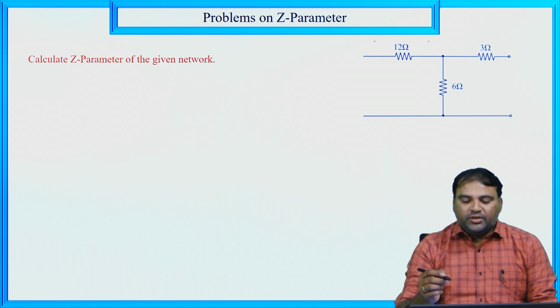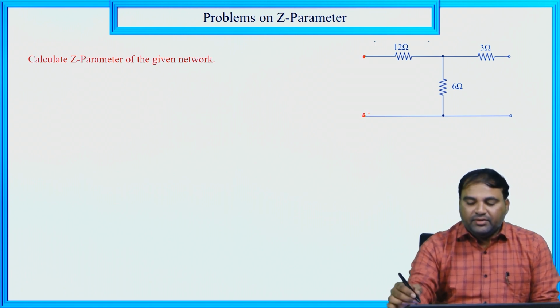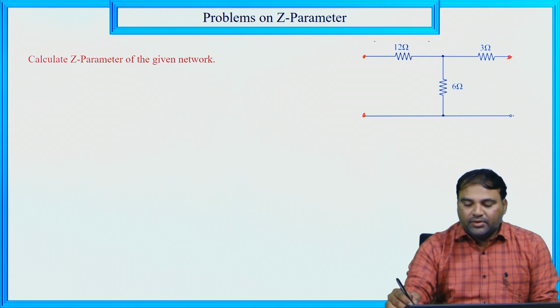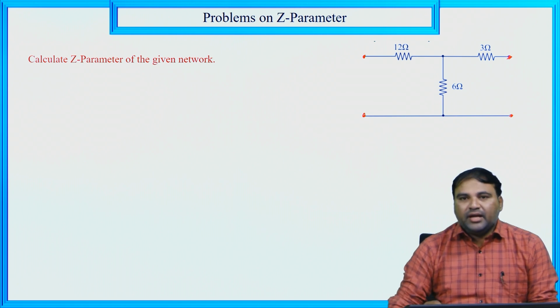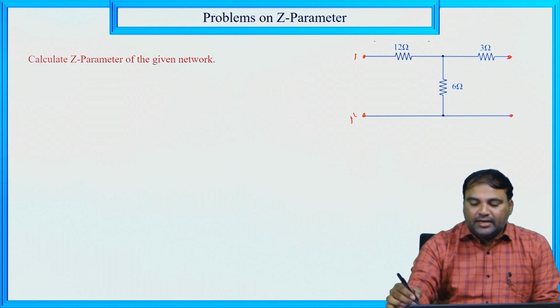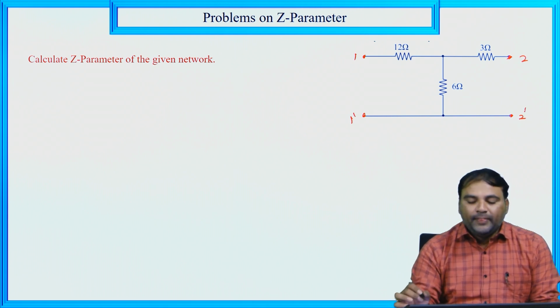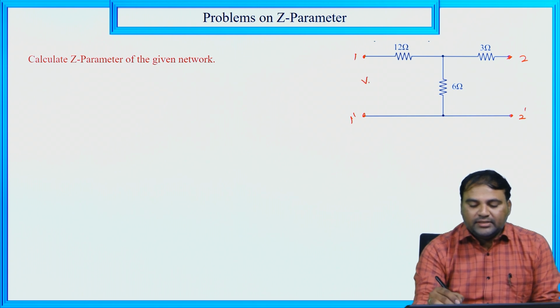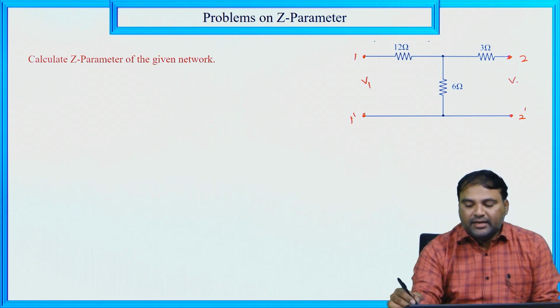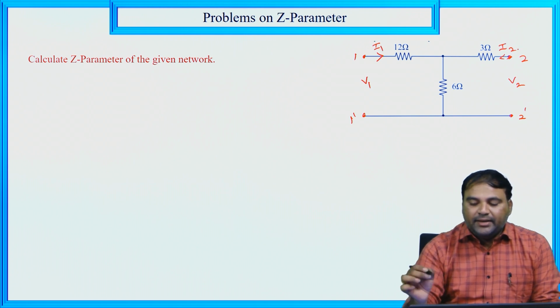Before that, here we are having a total of 4 terminals: 1, 1 dash and 2, 2 dash. Now input voltage is V1, secondary voltage is V2, the input current is I1 and the secondary current is I2.